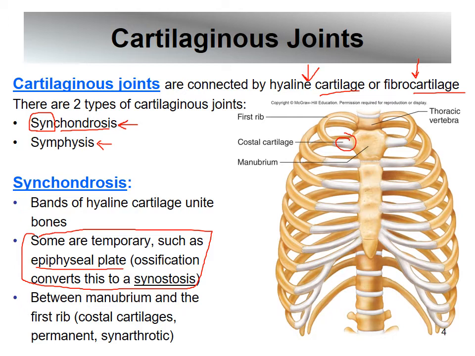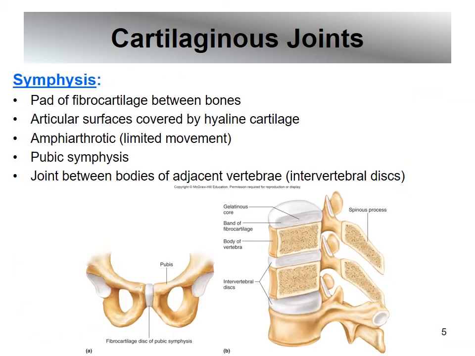That will solidify, but while it is still considered the growth plate, I'm going to have a bone, and then I'm going to have cartilage between the epiphysis and the diaphysis. This is going to be a little plate of hyaline cartilage between those, and that is a synchondrosis joint.